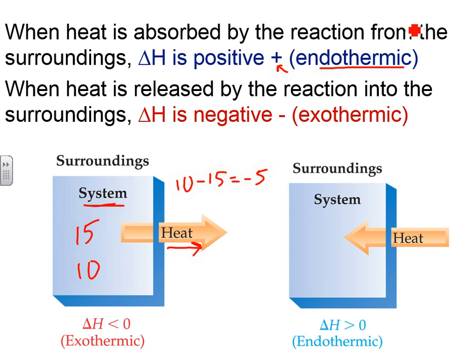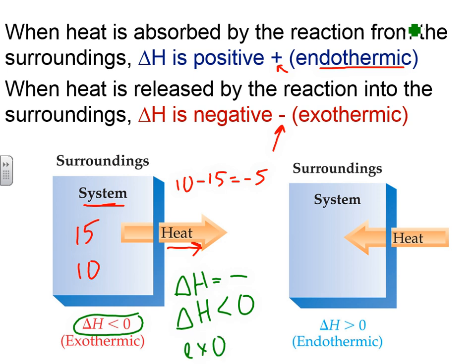Another way of saying this is delta H is less than 0, meaning delta H is negative. So you can say three things: delta H is negative, delta H is less than 0, or exothermic. All three say that the system is releasing heat.